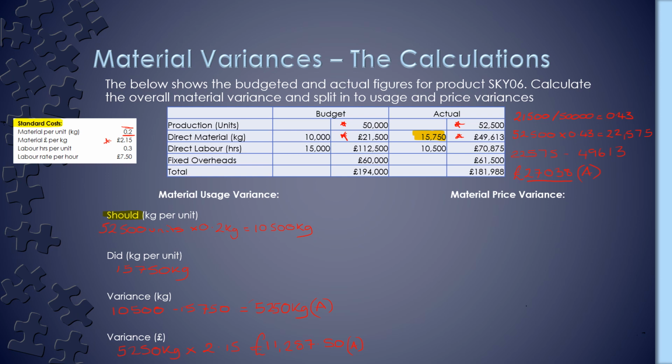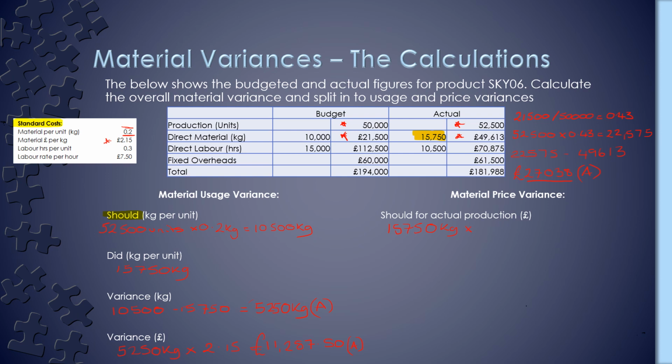The second part is made up of the material price variance. So what we need to do is work out how much we should have paid for our material, for our actual production. We used 15,750 kilos in our actual production.